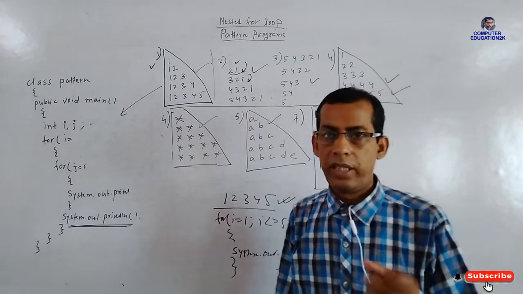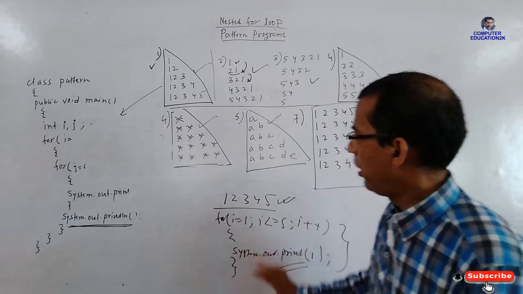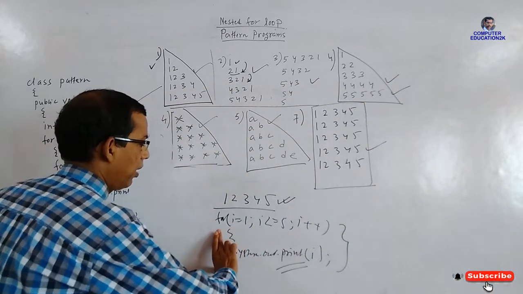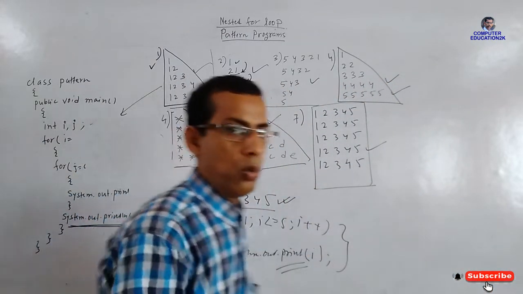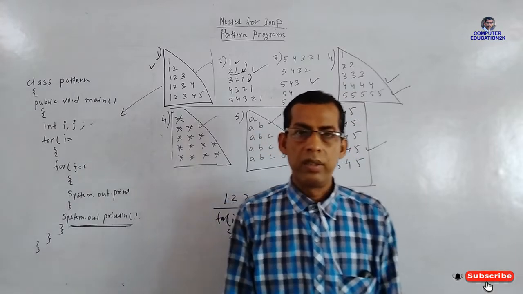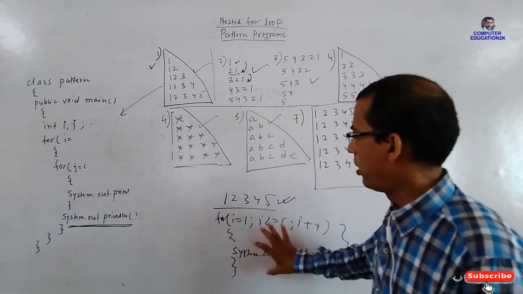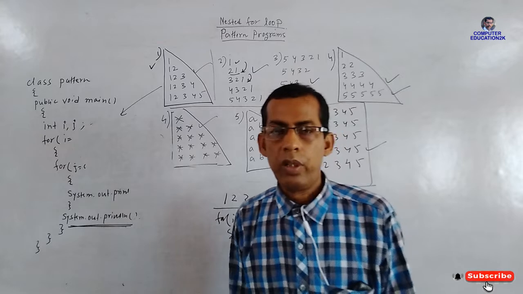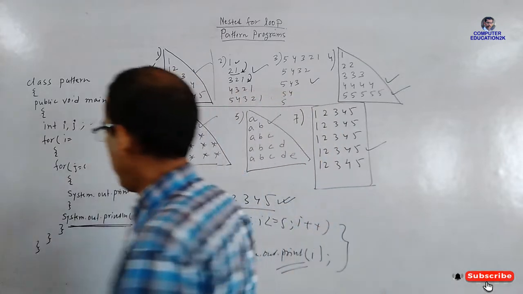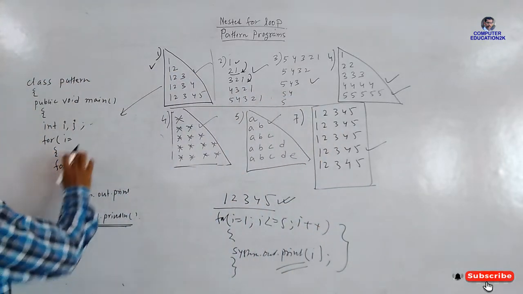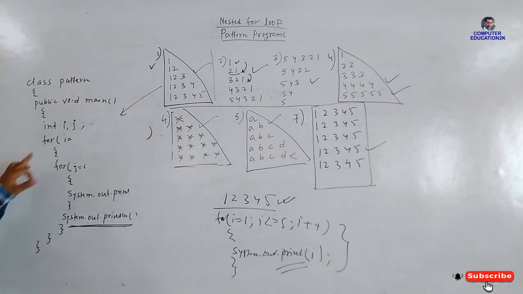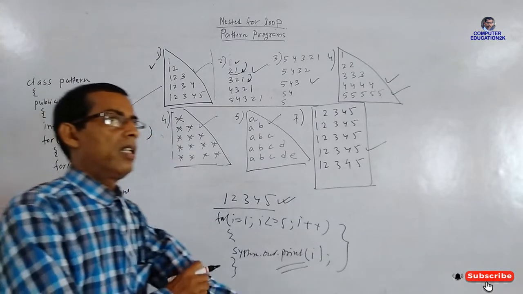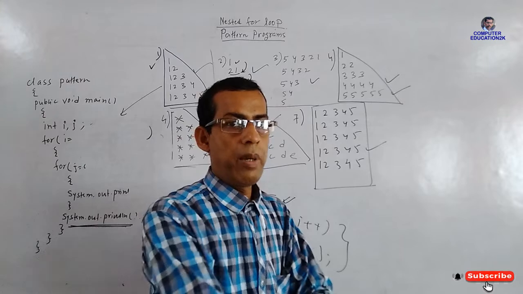That means if you put this for loop into another for loop, then the work is done. Now this outer for loop represents the number of lines, the number of rows.